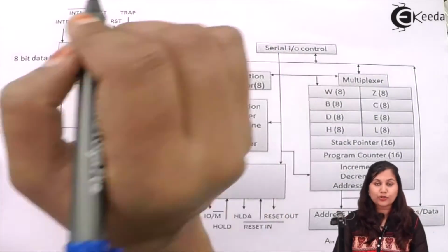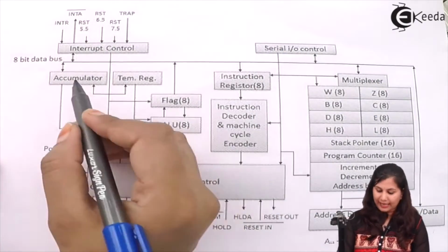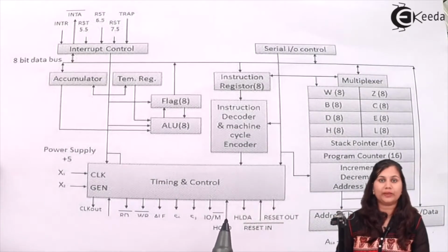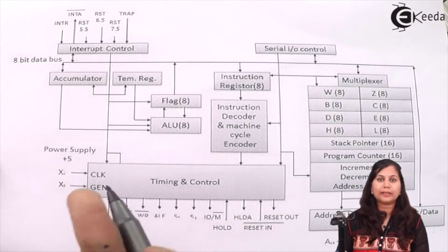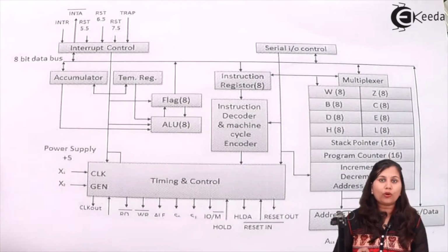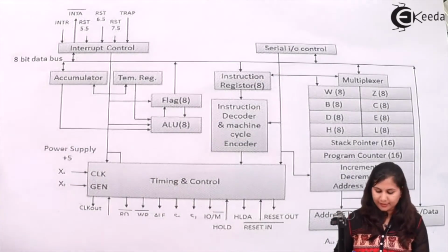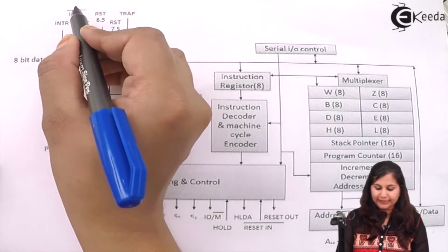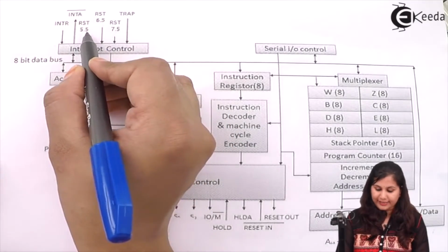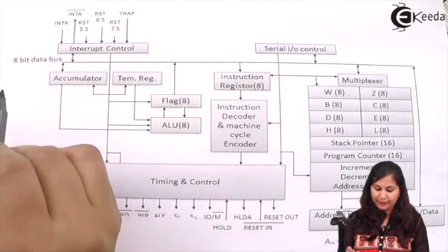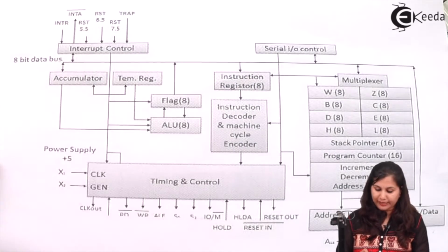These arrows are showing the various signals, and these lines connected between the various blocks are showing the connections or the buses which provide the flow of data between the various blocks. Here we have the various interrupts: INTR, INTA, RST 5.5, RST 6.5, RST 7.5, and TRAP. Here we have the 8-bit data bus.